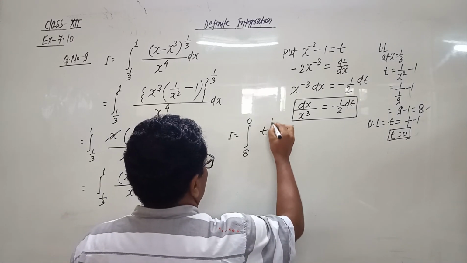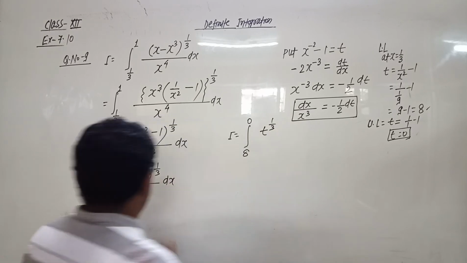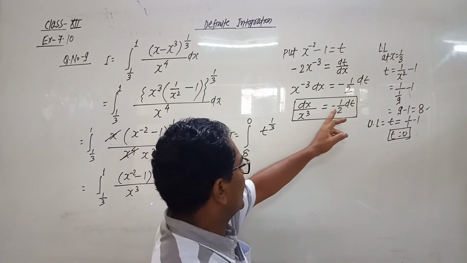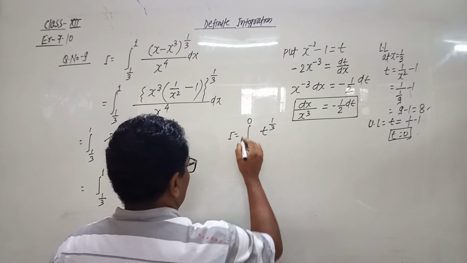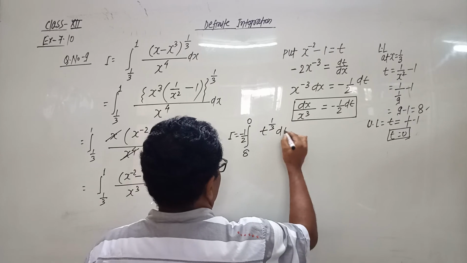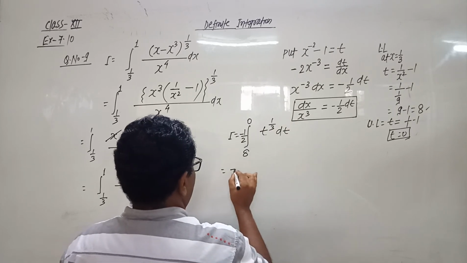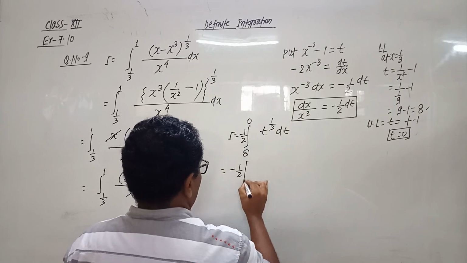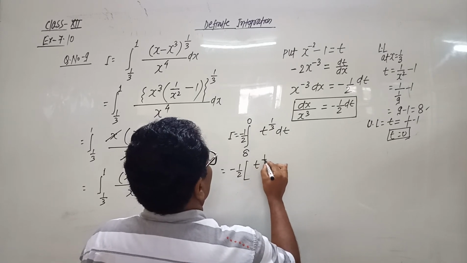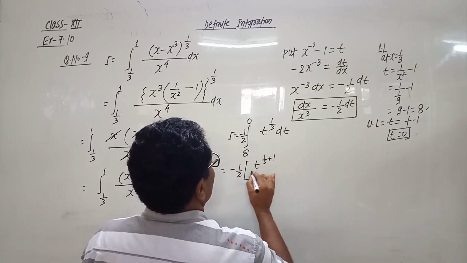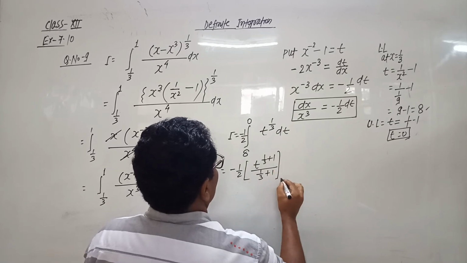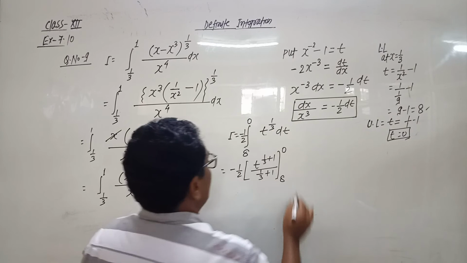So t raised to the power 1 by 3, and dx upon x cube would be written minus 1 by 2 dt. So minus 1 by 2 taken outside the integral and dt. So minus minus 1 by 2 and integration of t raised to the power 1 by 3. So it gives t raised to the power 1 by 3 plus 1 upon 1 by 3 plus 1, and limit from 8 to 0.